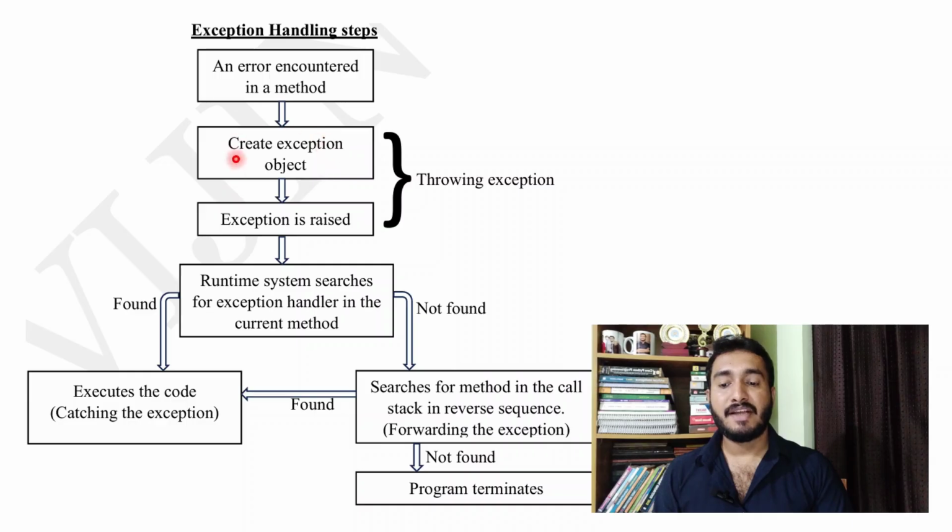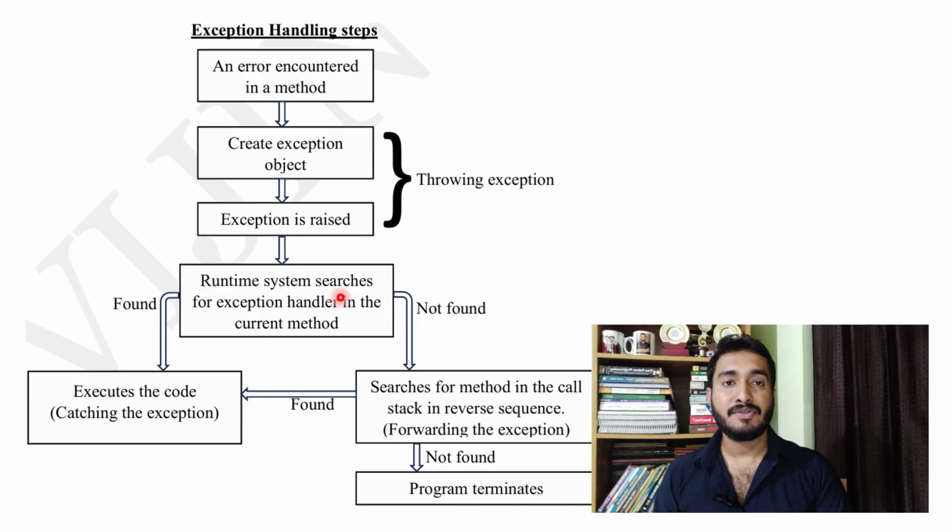Once the object is created, that object will be handed over to the runtime system. That is called throwing an exception. Creating an object and handing it over to the runtime system is called throwing an exception. Once the runtime system receives the object, it will search for the exception handler, the except block, in the current method.